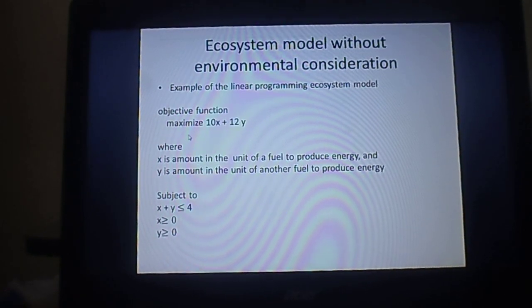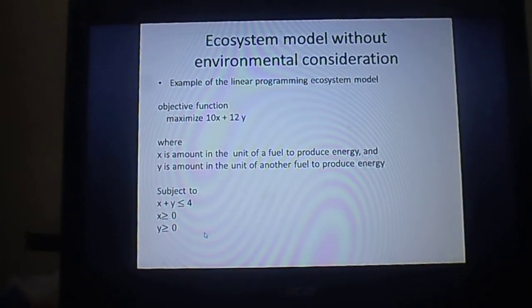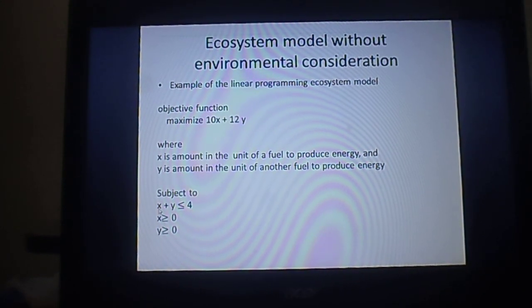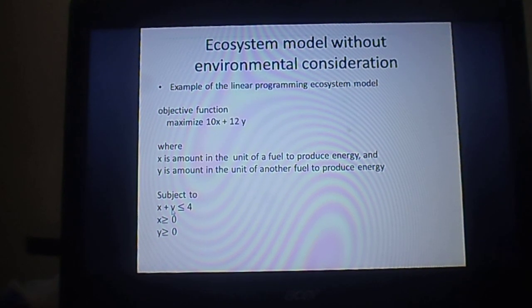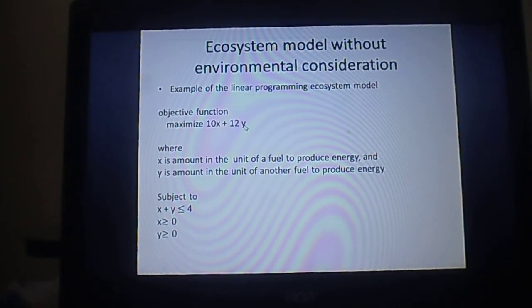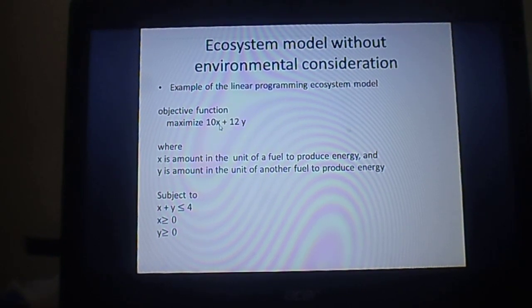The system without environmental consideration, when solved, will give a value of x and a value of y that will maximize 10x plus 12y. That value of x is 0 and that value of y is 4.